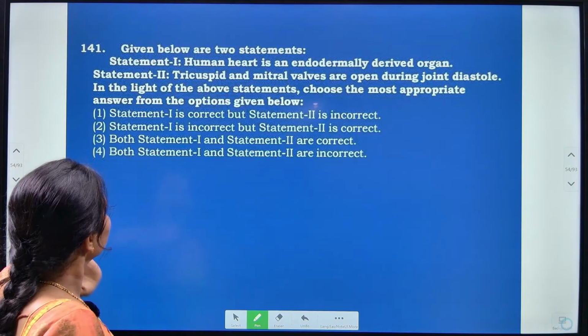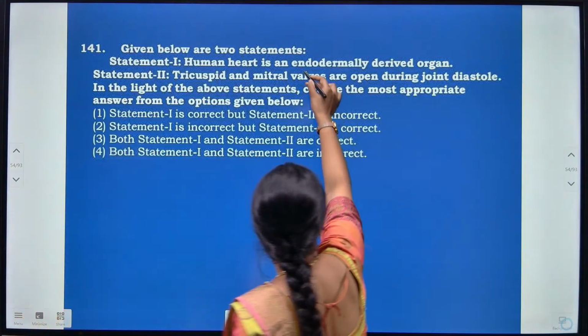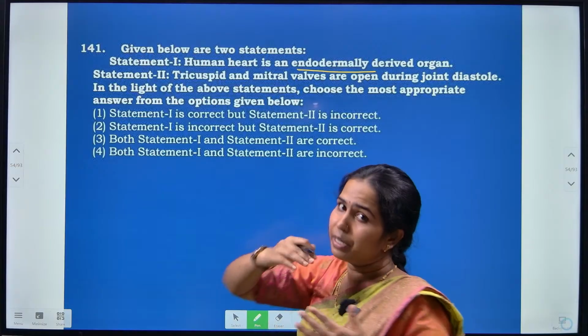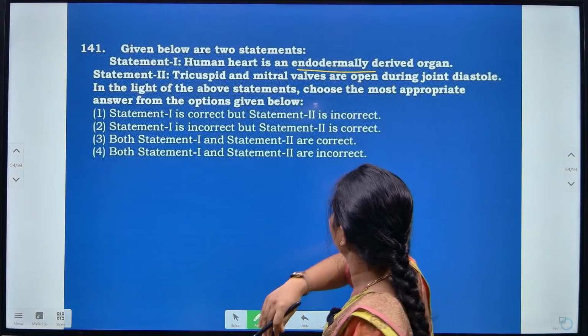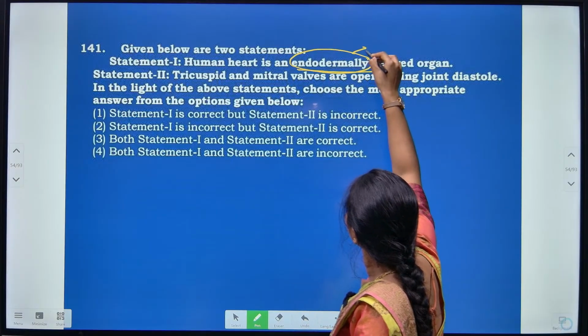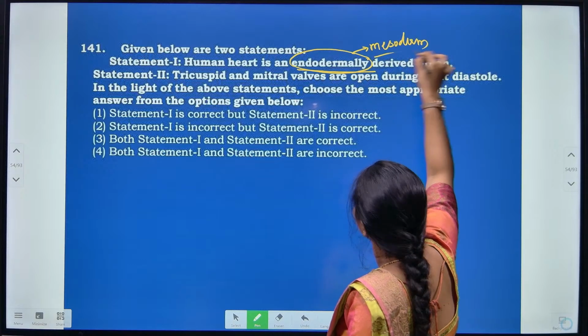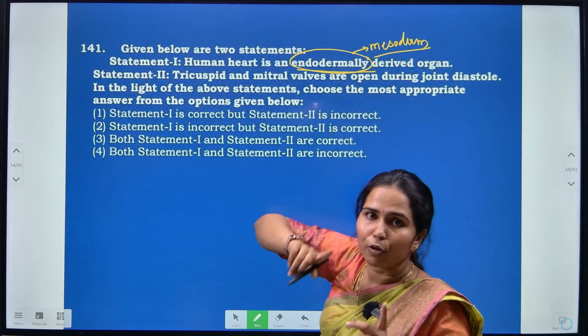Now, given below are two statements. Statement 1: the human heart is endodermal in its derivation, meaning it is derived from the endoderm germ layer. Not so. It is not derived from the endoderm, but is mesodermal in origin, derived from the mesoderm germ layer.